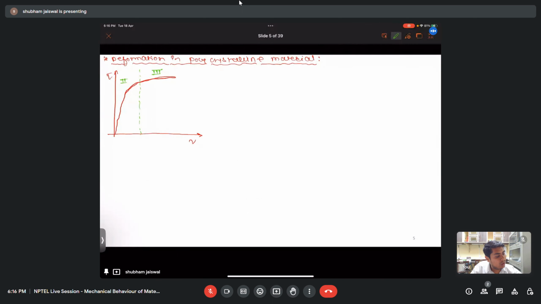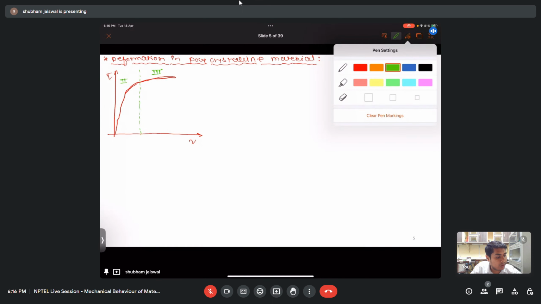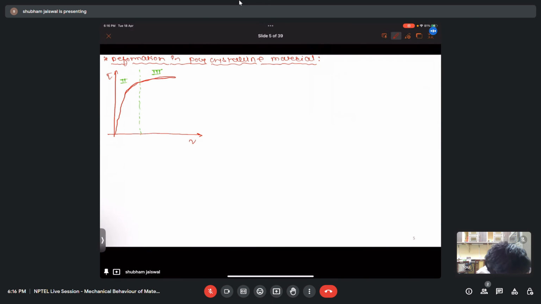So what will happen? In case of a single crystal, only one crystal is there, I mean, only one grain is there. But if we talk about polycrystalline material, there are a number of grains inside that material.